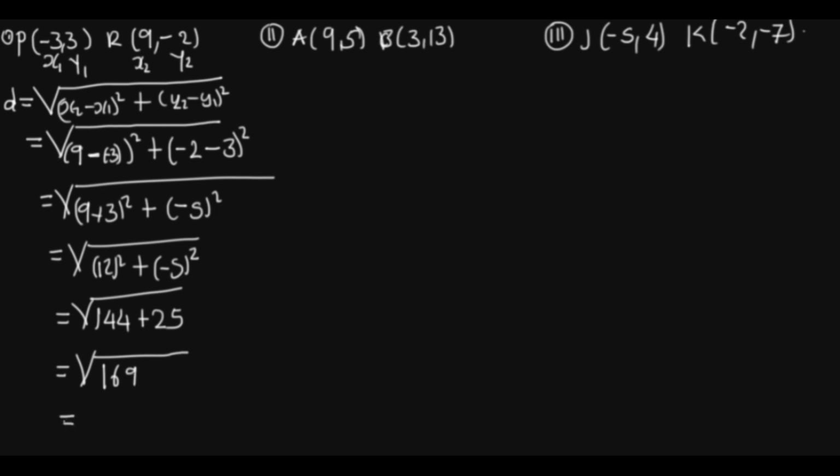The square root of 169 is 13. So this is how you should find the length, or the distance, of 2 points. Sometimes you may have a question that says find the distance between A and B, given letters. As long as you have been given the numbers in the form of coordinates, this is the formula.